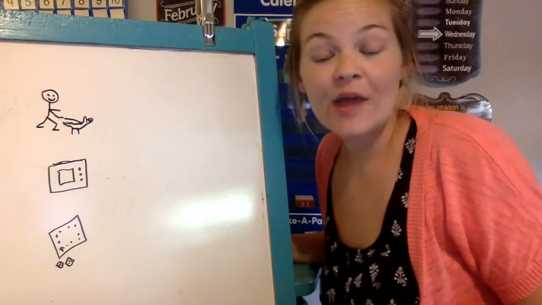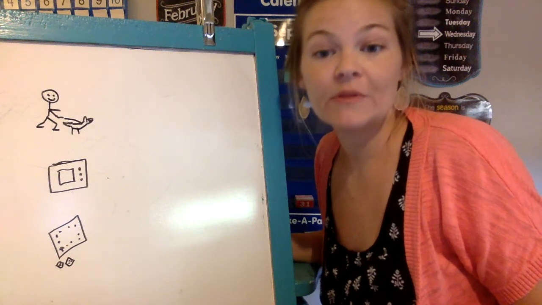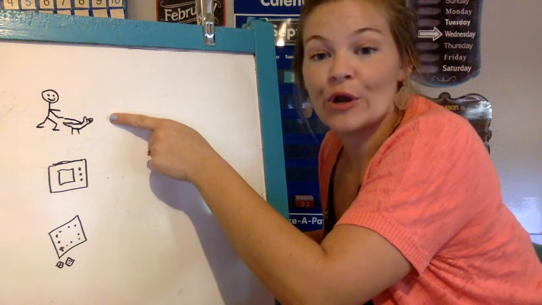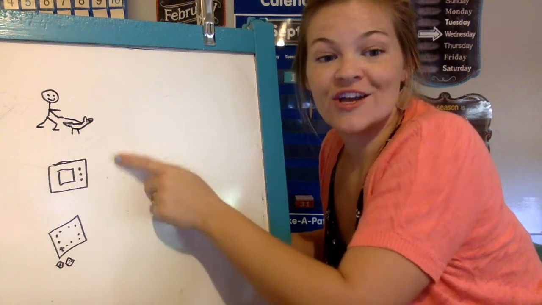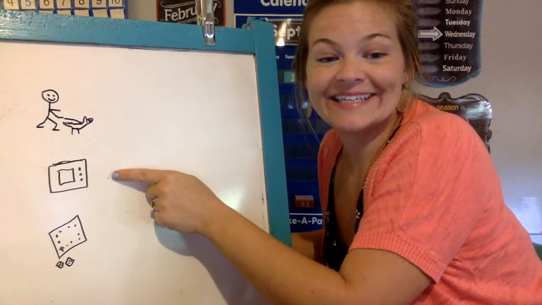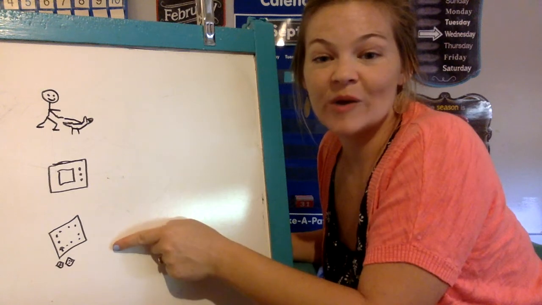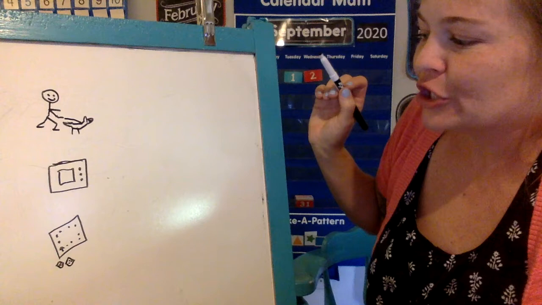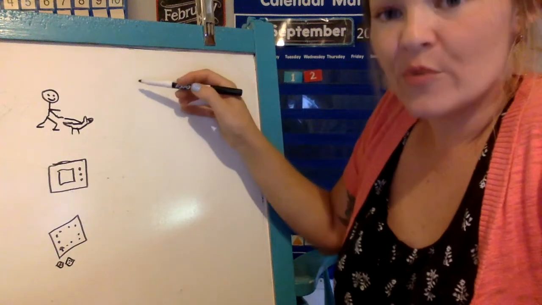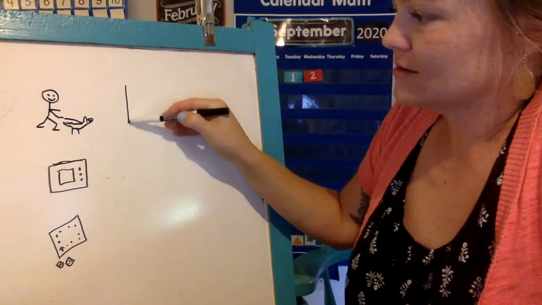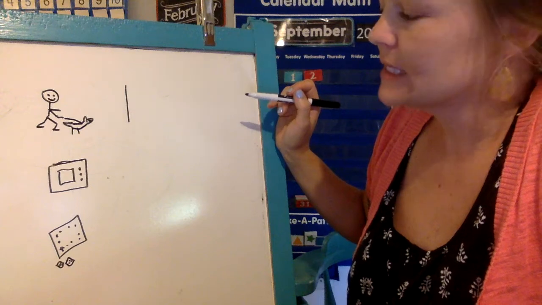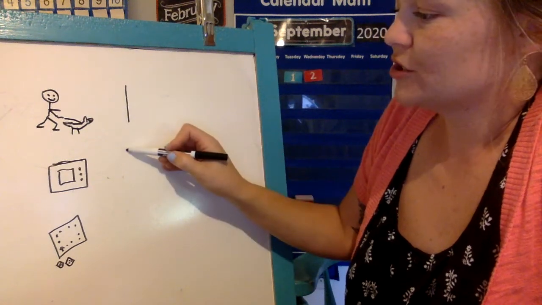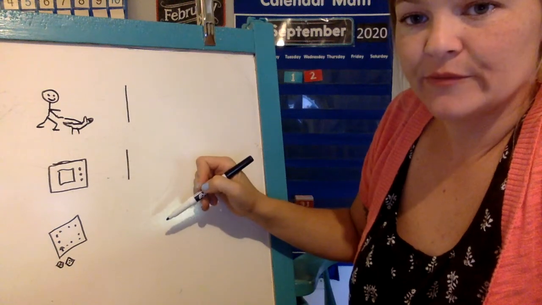Okay, so then I would go around to all the people in my family and I would ask them, do you want to go on a walk with the dog? Do you want to watch TV or a movie? Or do you want to play a game? And let's say I would vote to go on a walk, take our dog on a walk. Let's say your dad wanted to watch a movie.